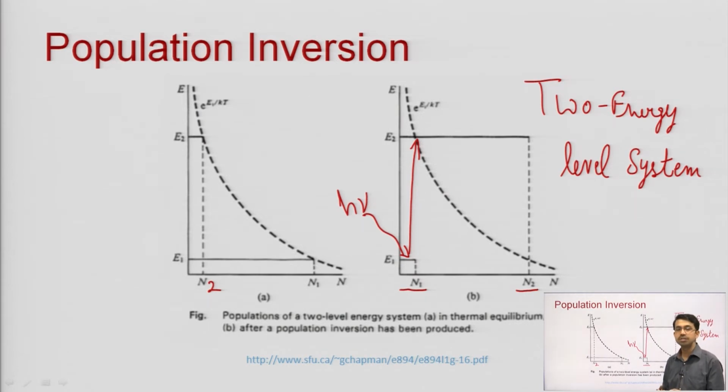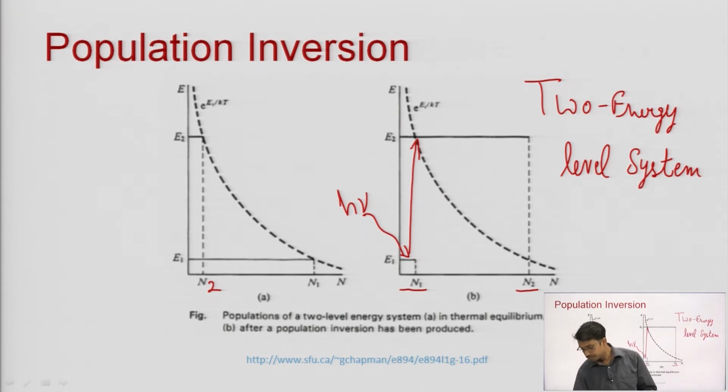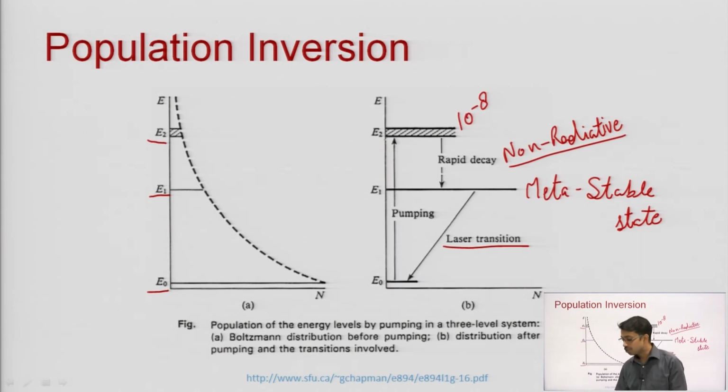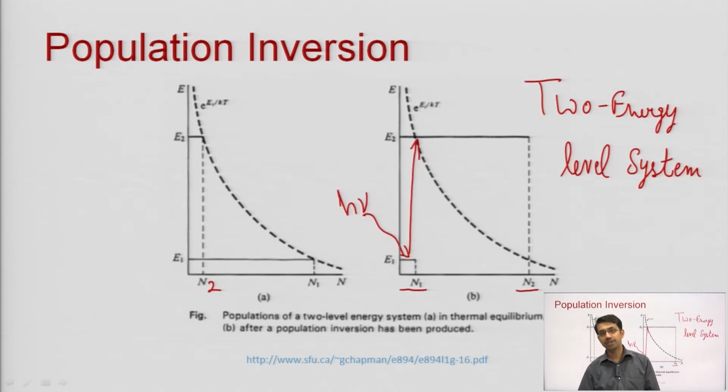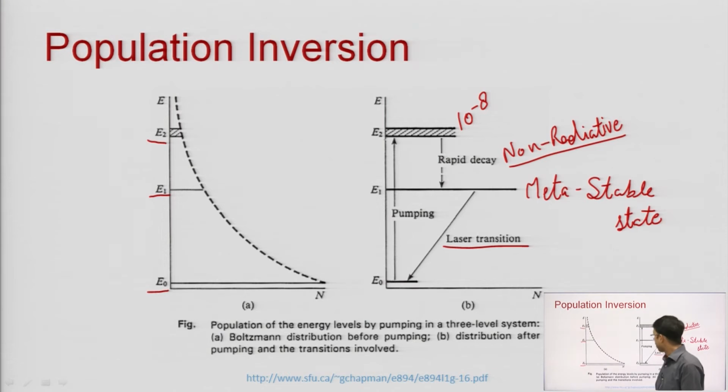So, the efficiency is less. Also, there was no metastable state. We need a metastable state so that electrons can stay there for a longer period, so that we can achieve population inversion more easily. Over here there is a metastable state, the electrons will stay for a longer period, and so it is easier to achieve population inversion.